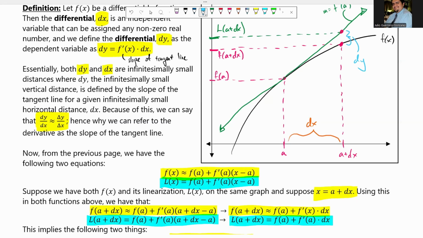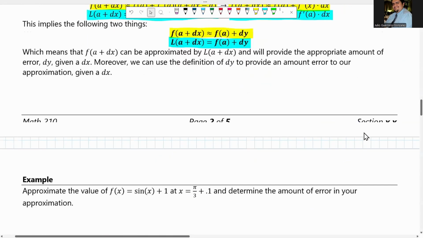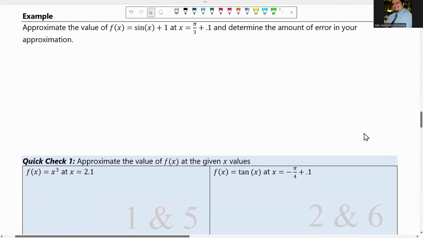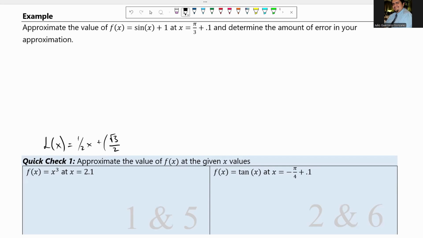Yeah? Awesome. Okay. So what does that mean? Let's go ahead and do our original example. I'm going to write this down here just so we keep track of it. L of x is equal to 1/2 x plus root 3 over 2 plus 1 minus pi over 6, right?